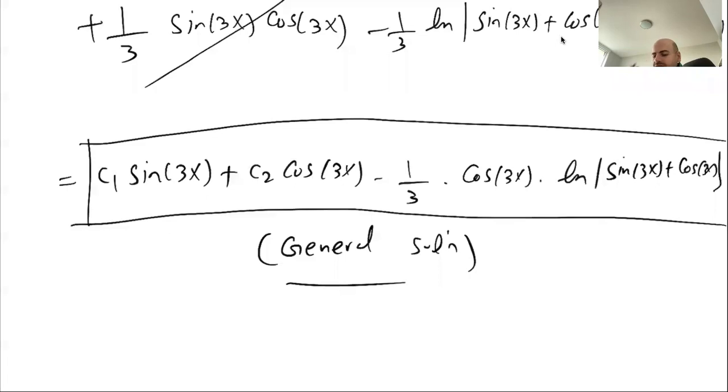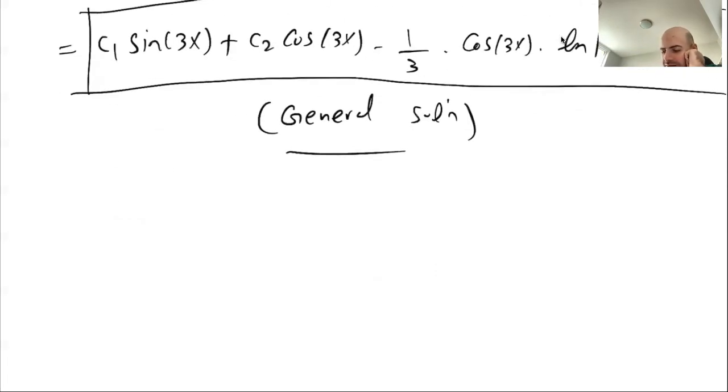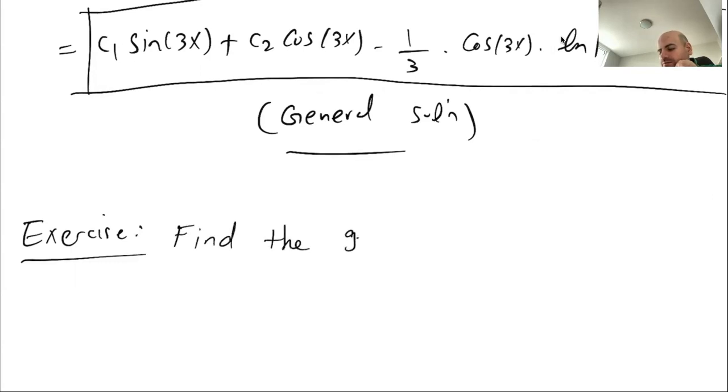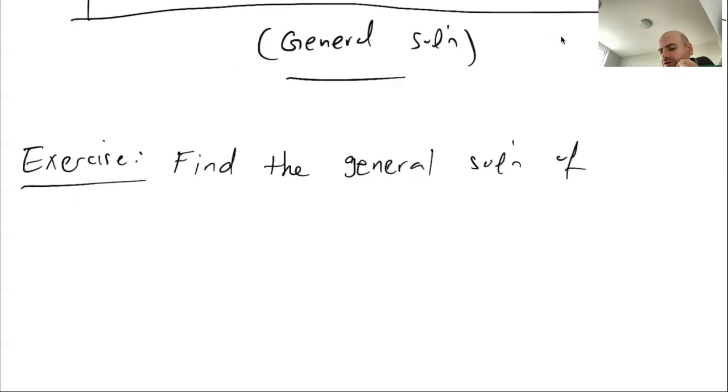All right, let me give you some exercises here. Exercise. Find the general solution of this equation, y double prime minus 2y prime plus y equals e to power x divided by x squared plus 1.